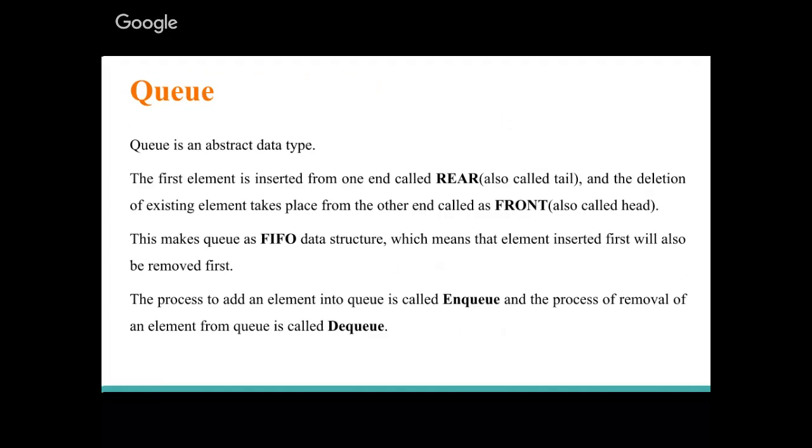So unlike the stack where last in is going to be first out, in queues, first in is always going to be first out. The process to add an element in a queue is called enqueue, and the process to remove is called dequeue. So in stacks, we understood that insertion and deletion is called push and pop. But in queue, insertion and deletion is enqueue and dequeue. Okay?